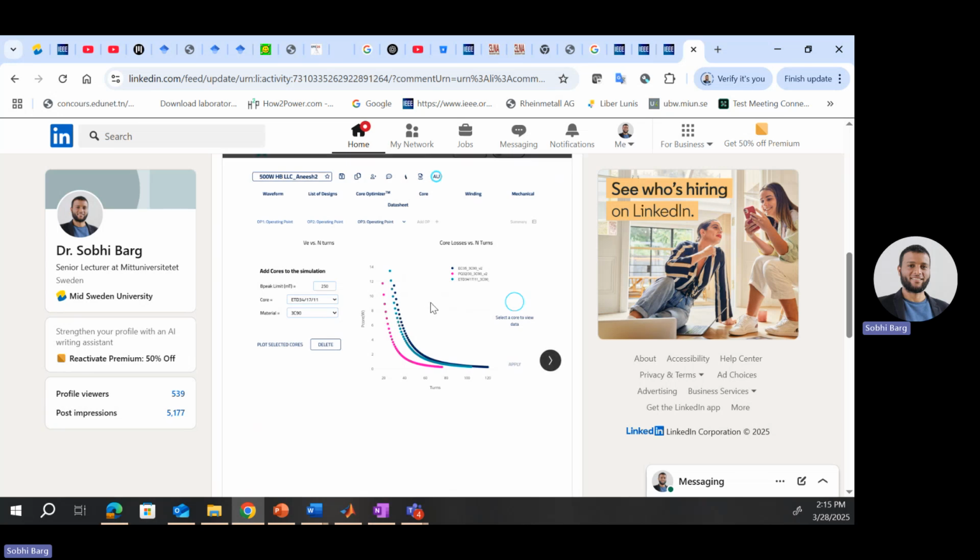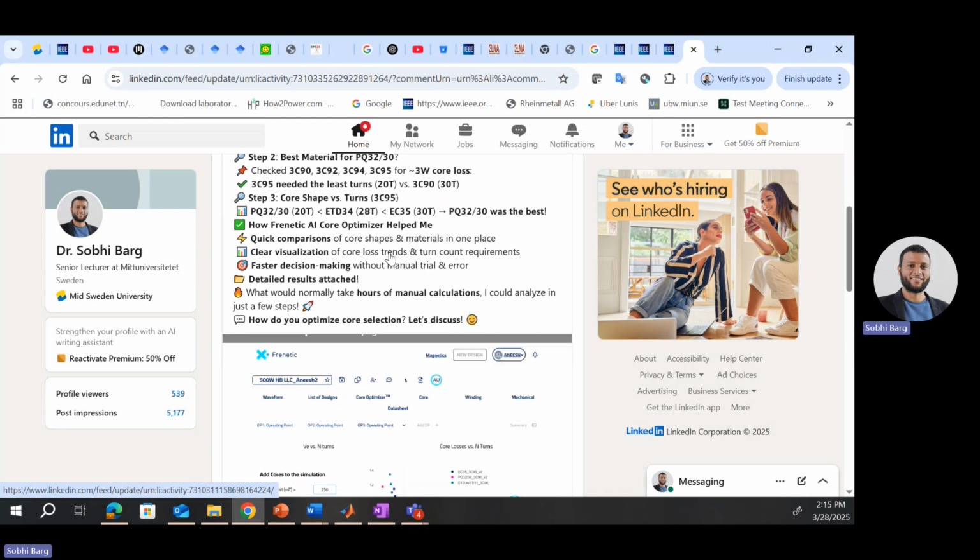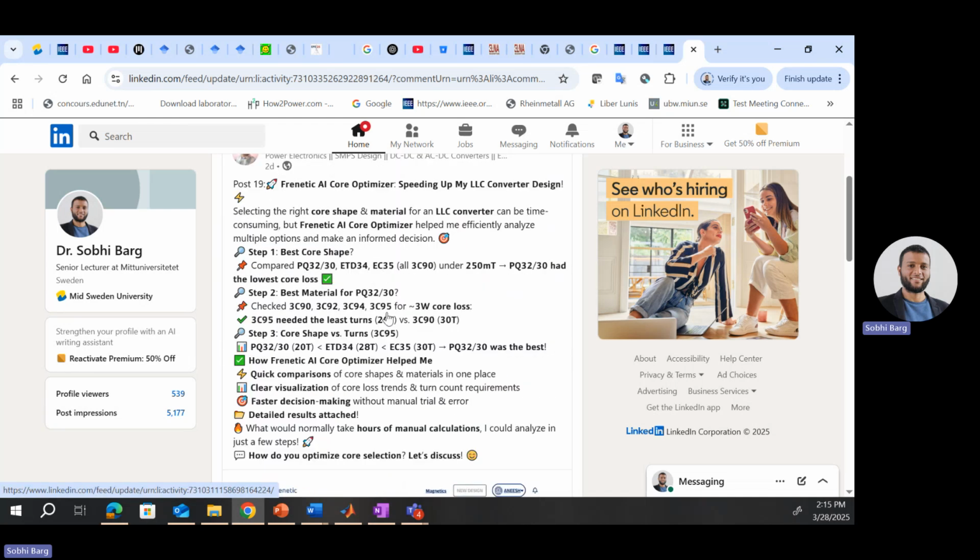Then the core optimizer will change the number of turns and do some calculation of core loss and winding loss, and then do some optimization. It will give you the optimal number of turns, the optimal core, and finally the optimal solution in general. I doubt the other results shared by Anish.